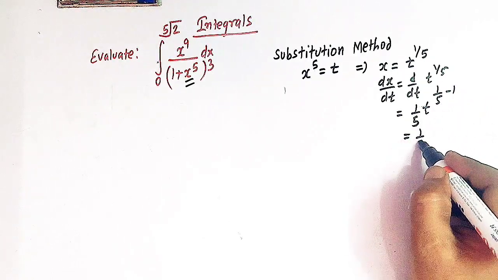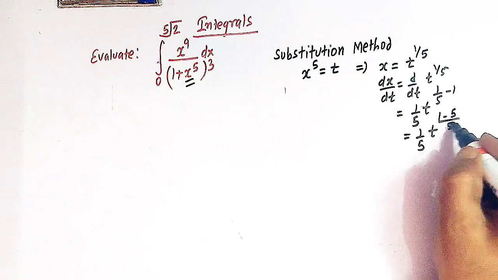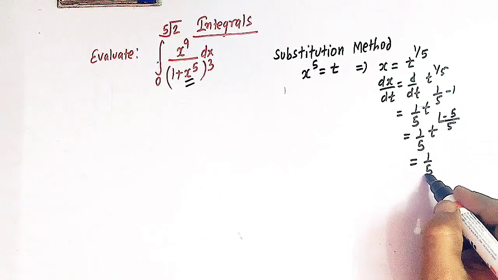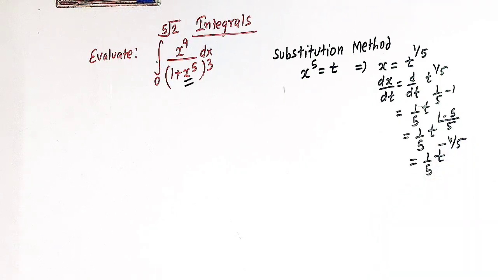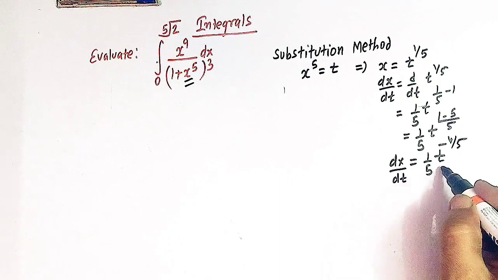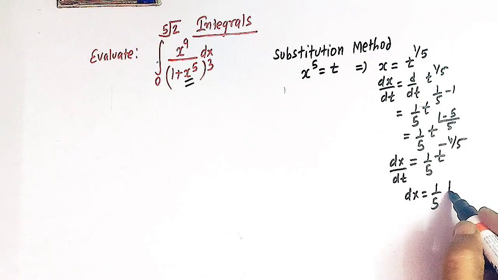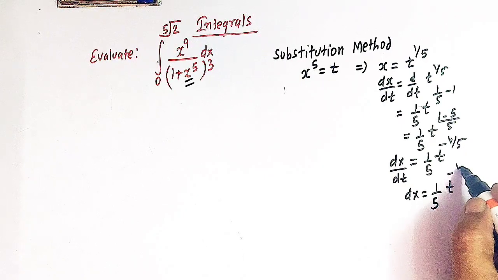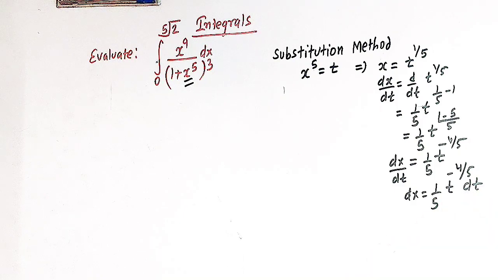So this is 1 over 5 t raised to (1 minus 5) over 5, that is 1 over 5 t raised to minus 4 over 5, right? So dx over dt is given by this expression, so that dx can be written as 1 over 5 t raised to minus 4 over 5 dt, right?